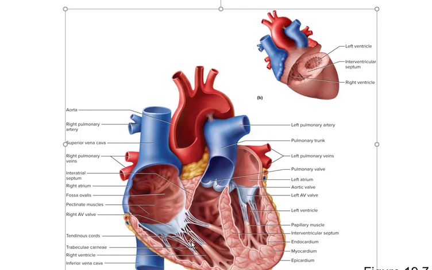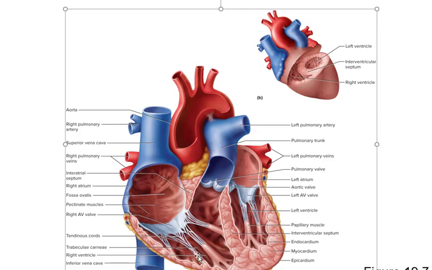So now the blood cannot flow back up and out these veins. The vena cava is a vein, not an artery, and so they made it in blue, so you know it's a vein. All right, so that's what's going on on the right side.